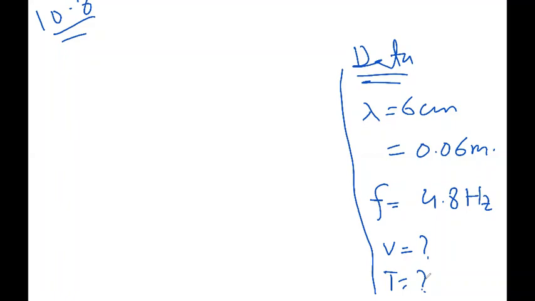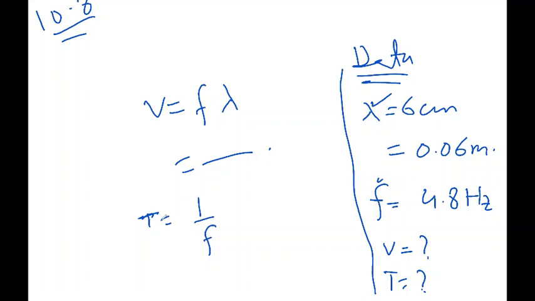So velocity can be calculated by v is equal to f lambda. Wavelength is given, frequency is given, so you can calculate. And time period is equal to 1 by f. So you can calculate by putting the value of frequency 4.8.